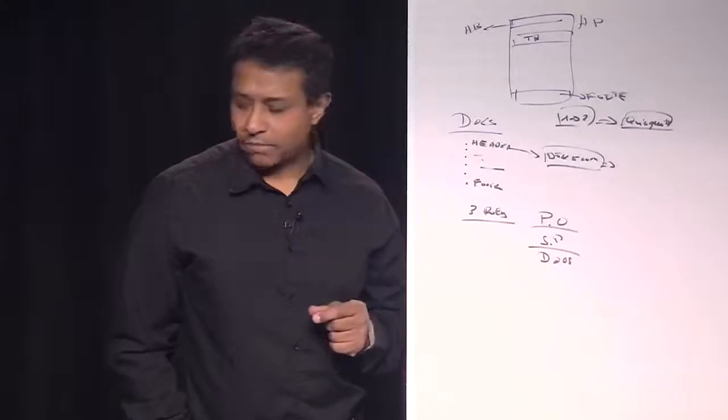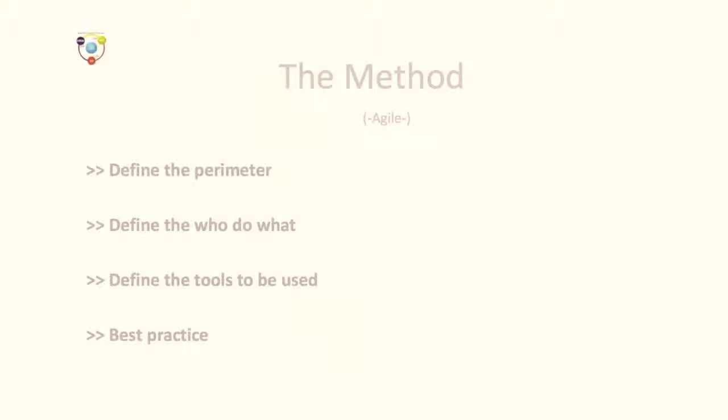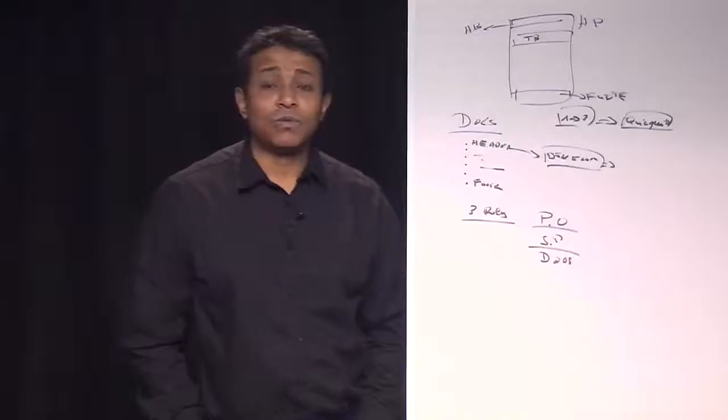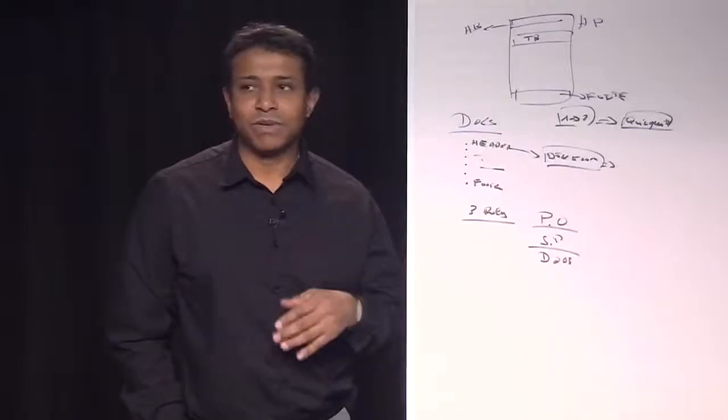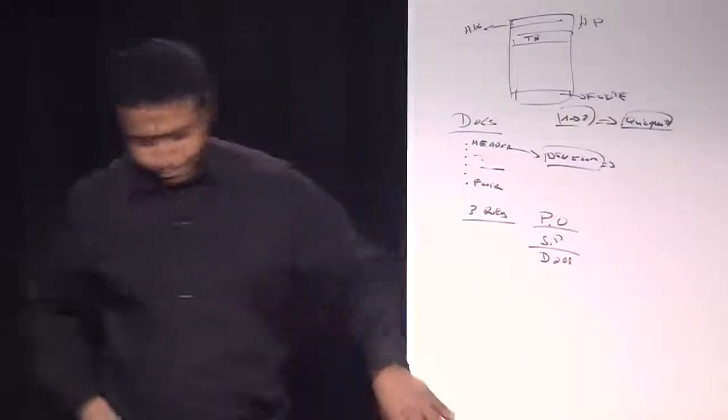These things are: define the perimeter, define who does what, define the tools to be used. And I'm going to finish with best practices to use Agile in a major way. So, let's go deeper into all of these items.